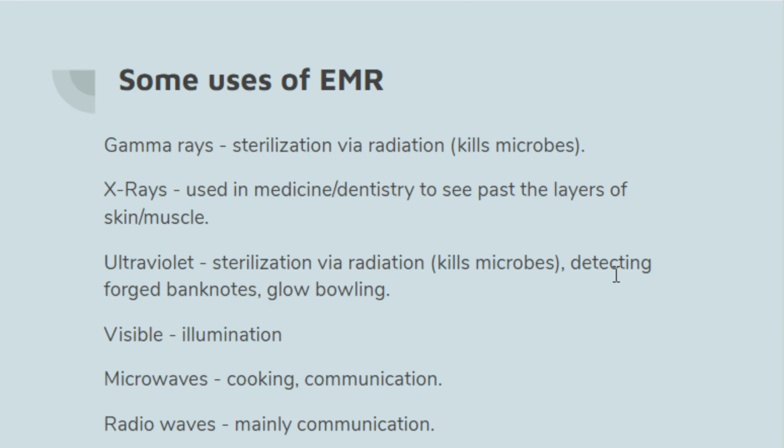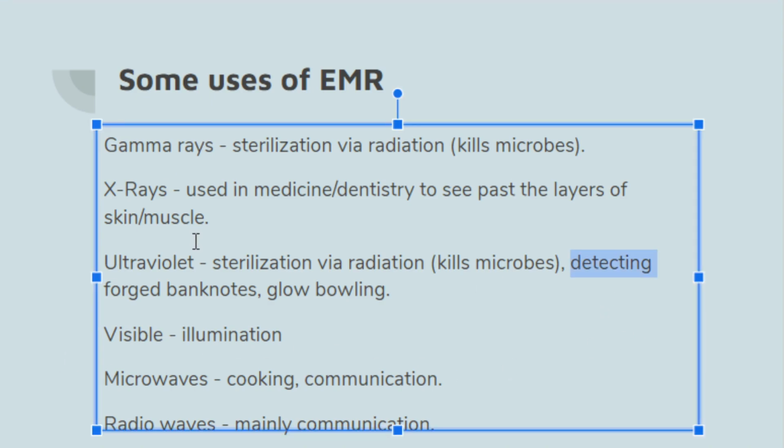And then ultraviolet's kind of cool too because you can detect forged banknotes with them. There's some properties of ultraviolet that we use for detecting forgeries, and you've probably seen it for glow bowling. Again, if you go glow bowling, you're not going to die from getting ultraviolet rays.